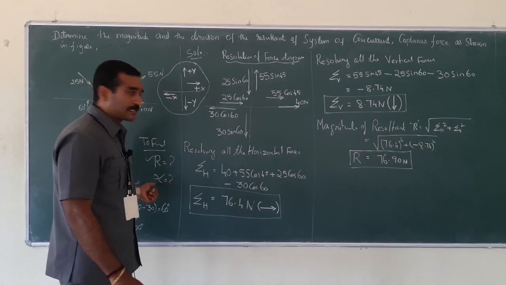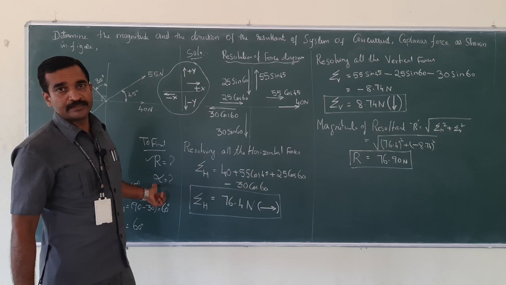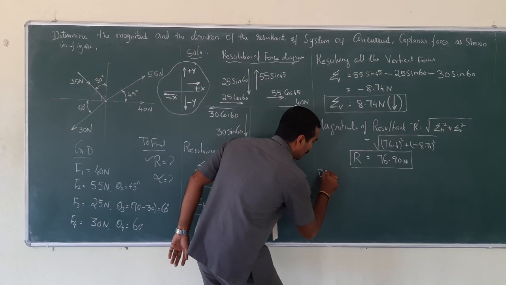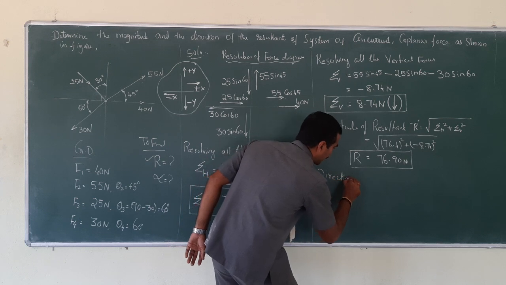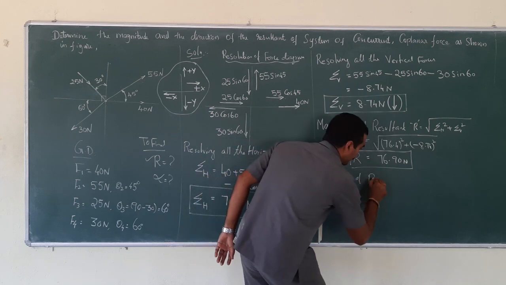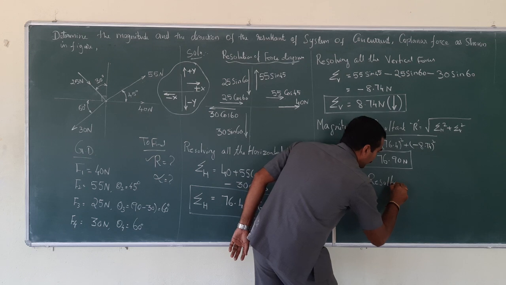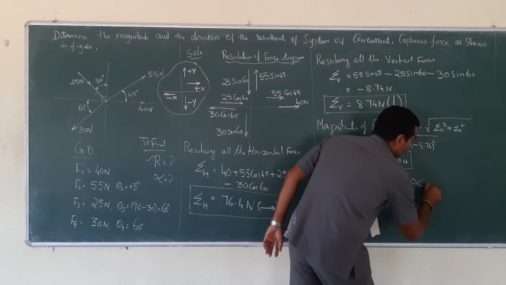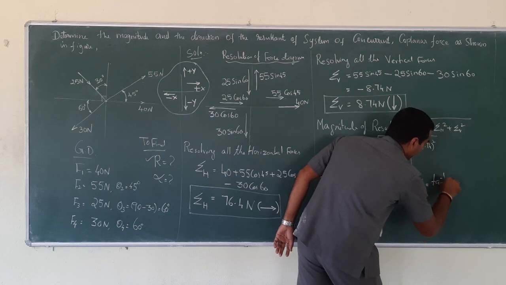Right. Next, what is left out? Which is alpha. That is nothing but the direction of the resultant. So the direction of resultant formula is, direction of resultant can be denoted as alpha, which is tan inverse of summation V by summation H.